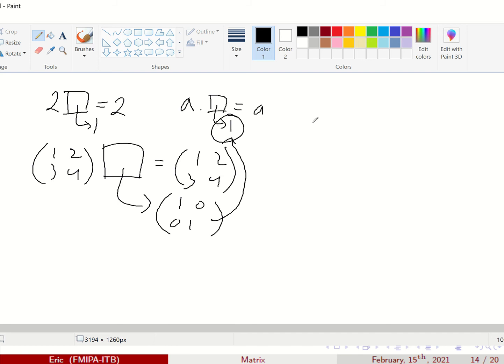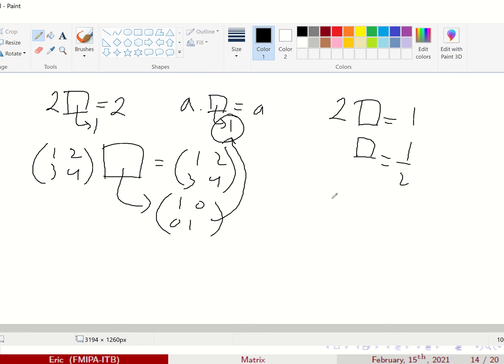So what about the inverse of a matrix? Let's look at this. The inverse of a number: if you have 2, the inverse multiplication of 2 is what we usually say, 1 over 2. I want to find a number such that 2 times it equals 1.